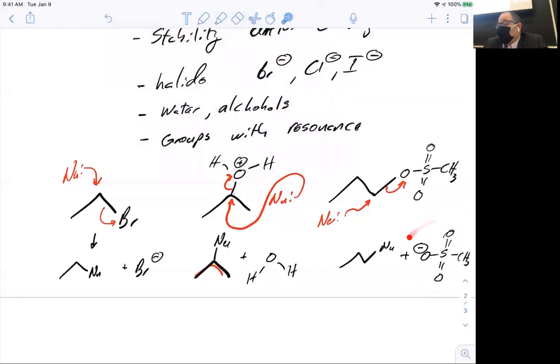So that makes this molecule stable, right? So I have resonance stabilization here. So all three of these are good leaving groups. All of them make the carbon that they're next to electrophilic, right? So therefore, they kind of go together.